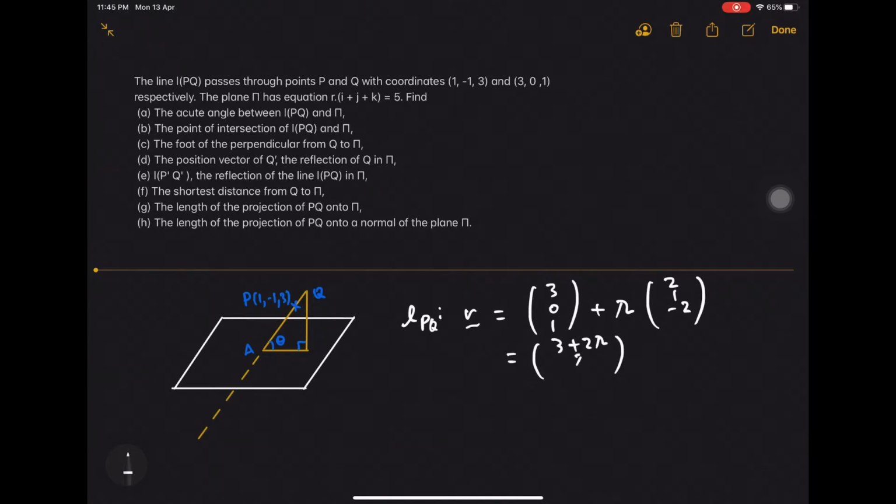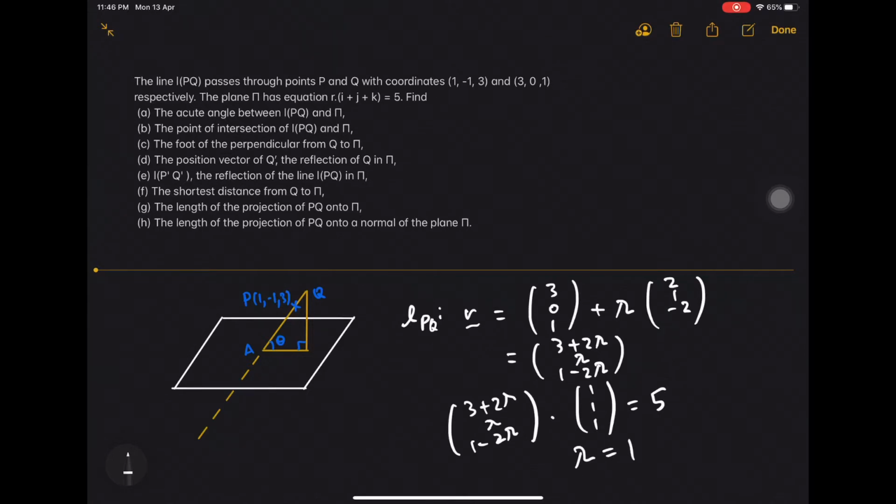You're just going to combine it and substitute it into the equation of the plane. It's going to be dotted with 1, 1, 1, that's the normal for the plane, and if you solve this, you're going to get the unknown.